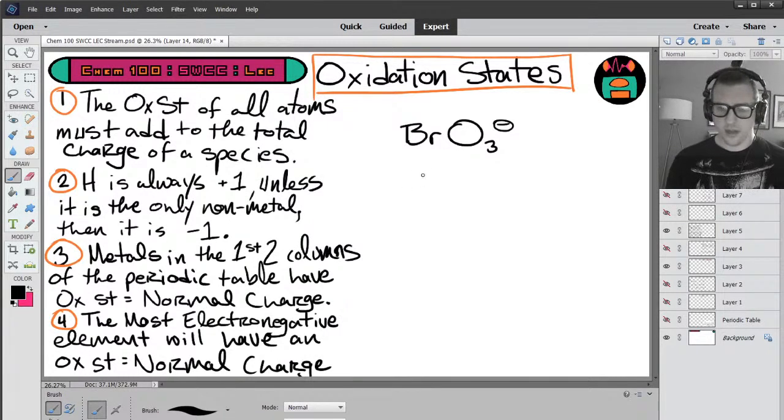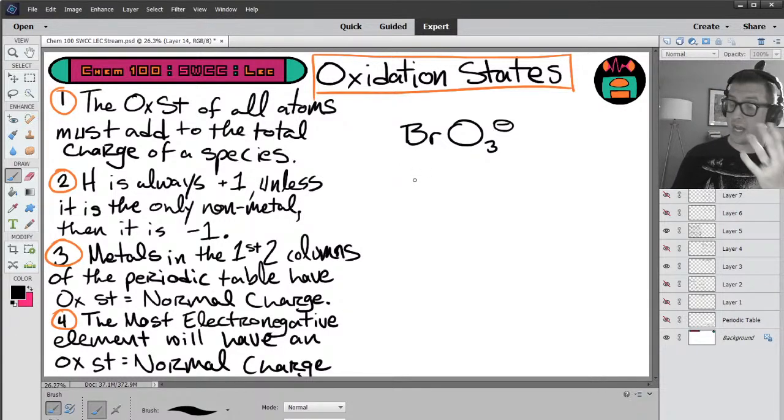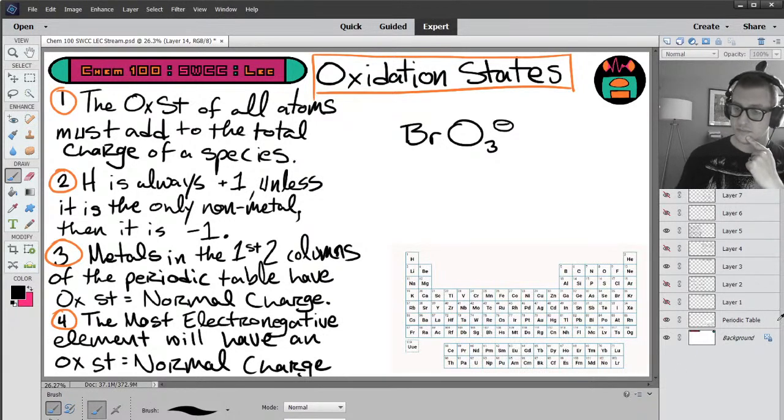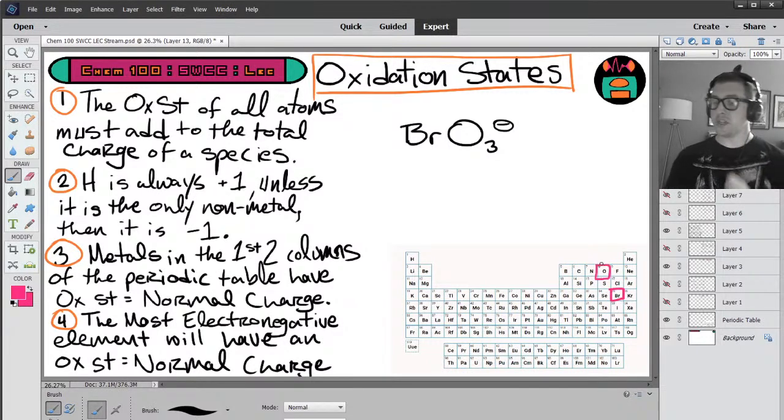All right, so we've got to figure out the oxidation state of bromine and oxygen. Rule 2 doesn't apply because there's no H's. Rule 3 doesn't apply because there's no metals. We jump straight to rule number 4. And when we compare bromine's position to oxygen, bromine is one space further to the right, oxygen 2 spaces up, so it will break the tie.